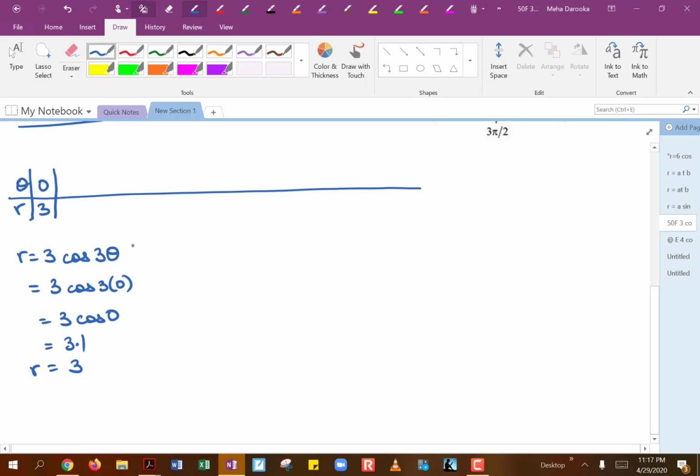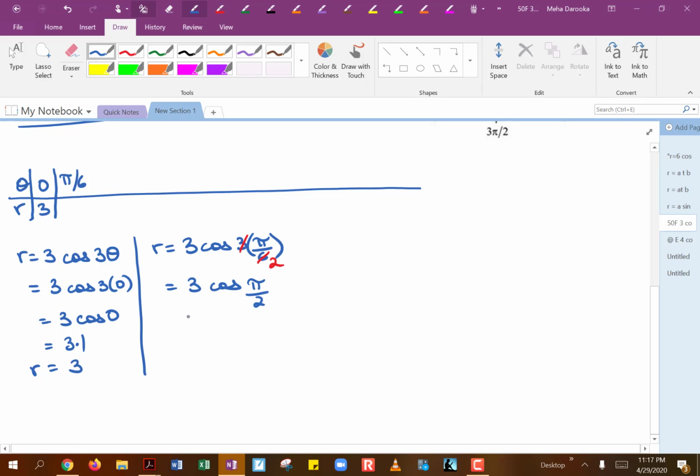Okay. If we wanted to do the next angle, which would be at pi over 6, it's 3 times cosine of 3 times pi over 6. Of course, 3 would go into 6 twice.